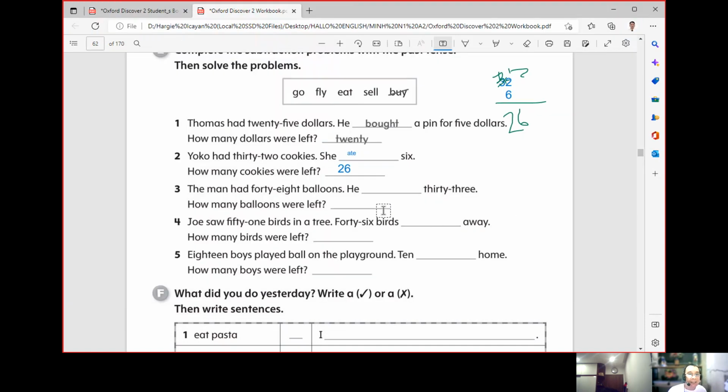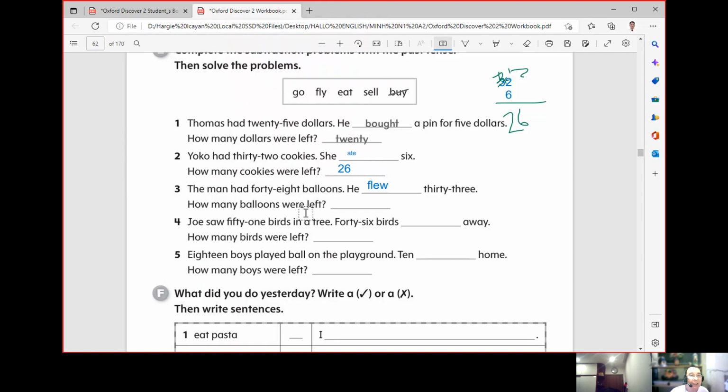That's correct. Next. The man had 48 balloons. He blanked 33. So what's the correct answer? He flew. Yes, he flew 33.